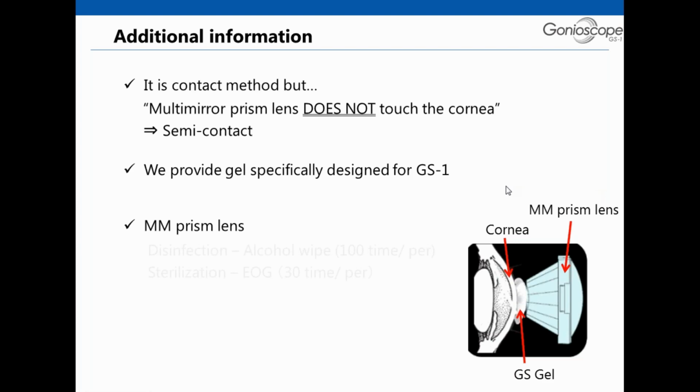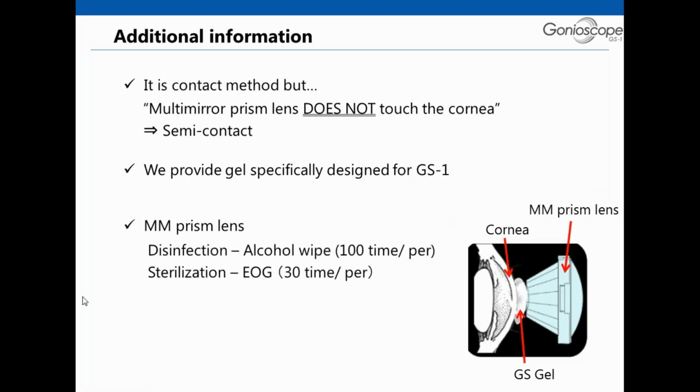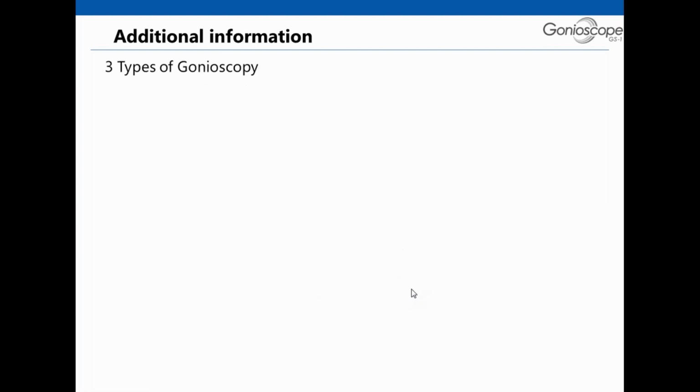For the multimirror prism lens, the disinfection and sterilization methods are shown here. For disinfection, an alcohol wipe can be used up to 100 times per lens. For sterilization, ethylene oxide gas, EOG, can be used up to 30 times per lens. After that, you should replace it with a new lens.